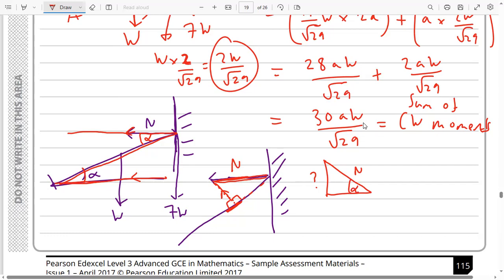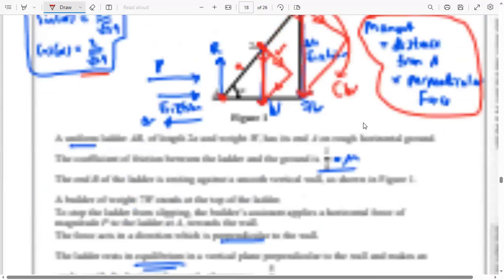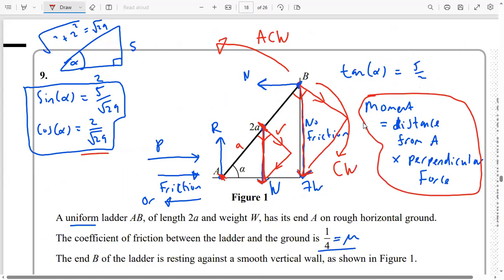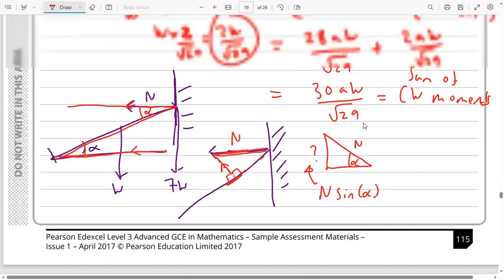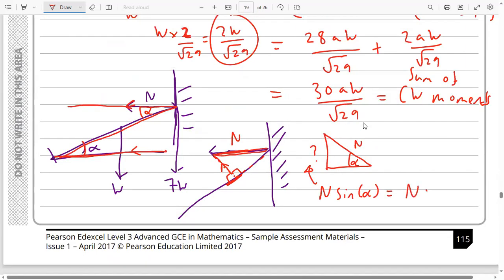Sine is opposite over hypotenuse, so the opposite is the hypotenuse times sine. So this question mark is N sine alpha. Remember, from the question, we calculated that sine alpha is 5 over root 29. So plugging that in, this is N times 5 over root 29.